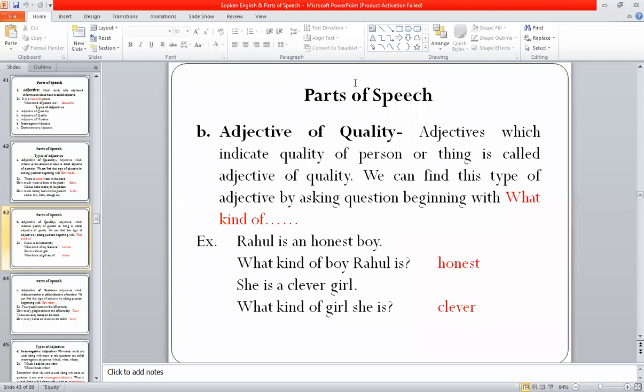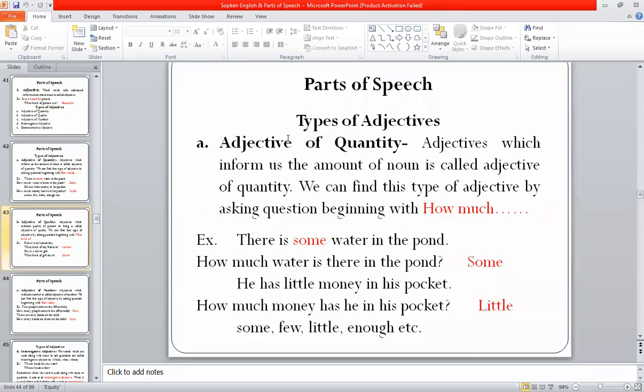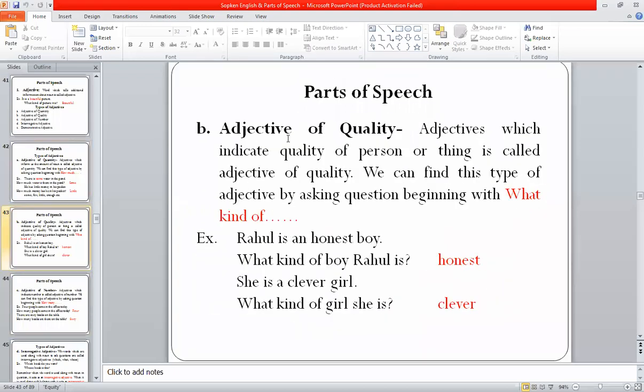Adjectives which indicate the quality of a person or thing are called adjectives of quality. Is it understood?